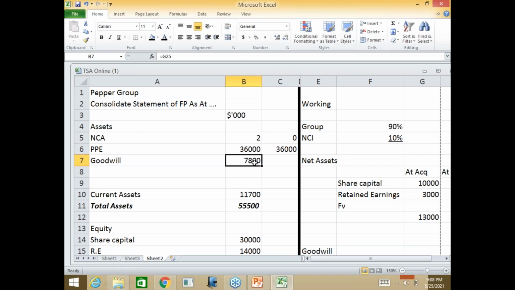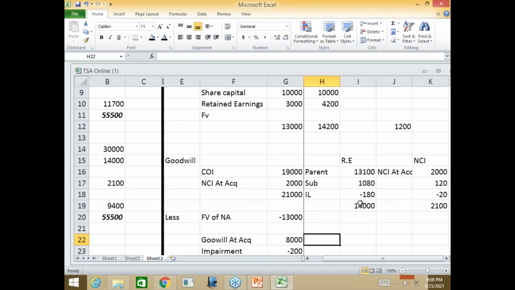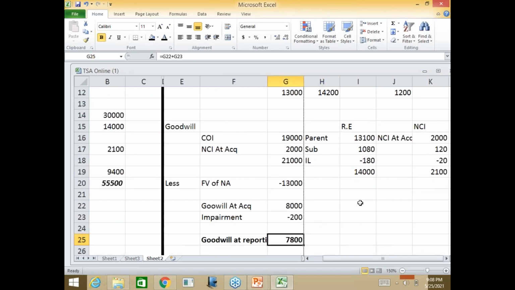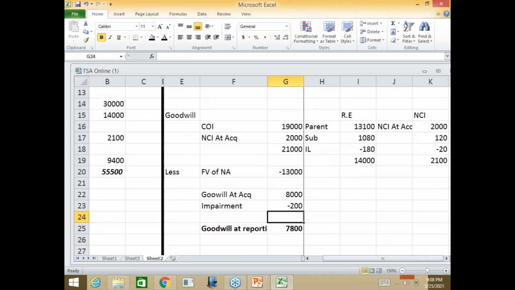Similarly, when the examiner wants to check the goodwill, it says to go and check on G25. So the examiner will go and check on G25, which shows that you have calculated the goodwill. Through this working, he will check your working and then say, okay, it's fine.